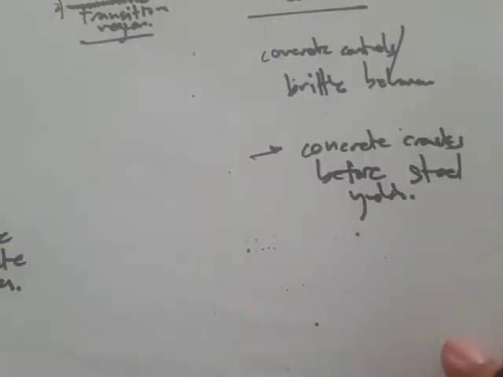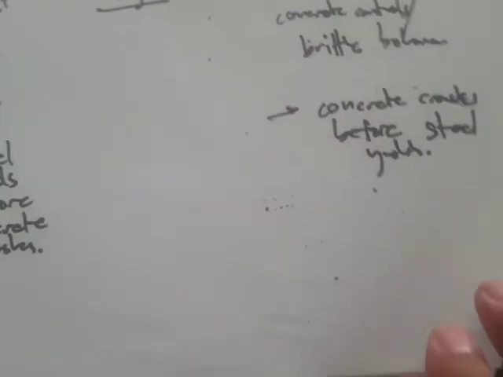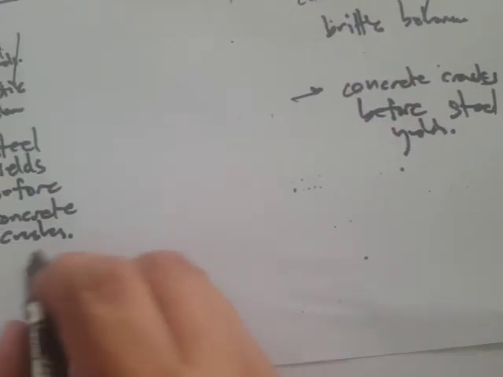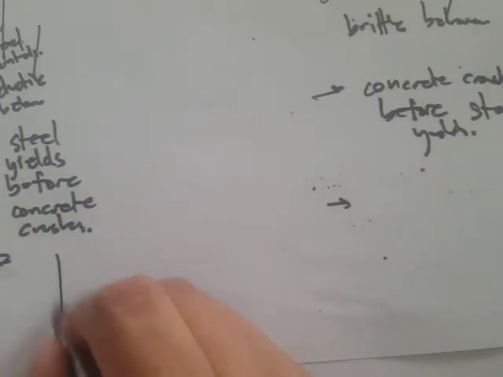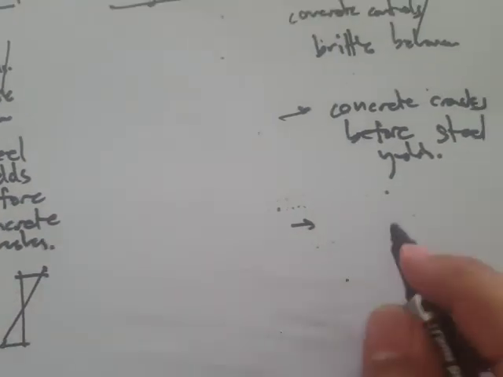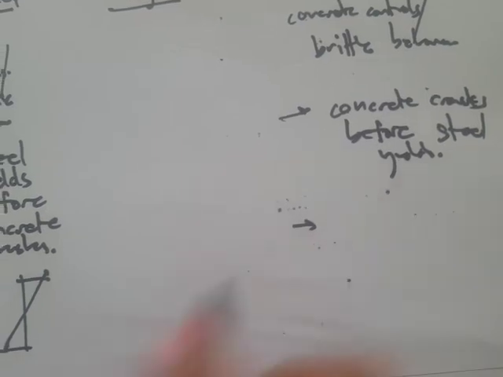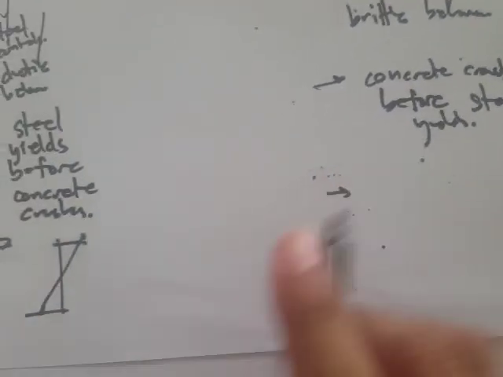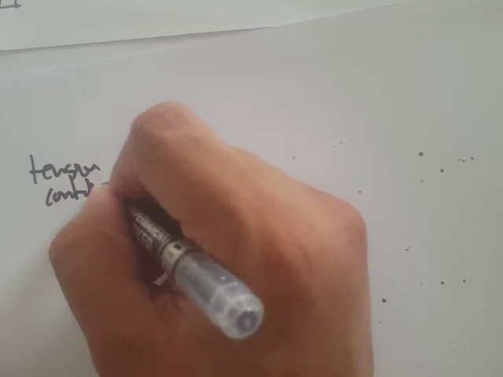Right, so now if we try to draw the strain diagram, it's something like this. We'll just draw it here: tension controlled, then compression controlled. For the strain diagram, something like this.